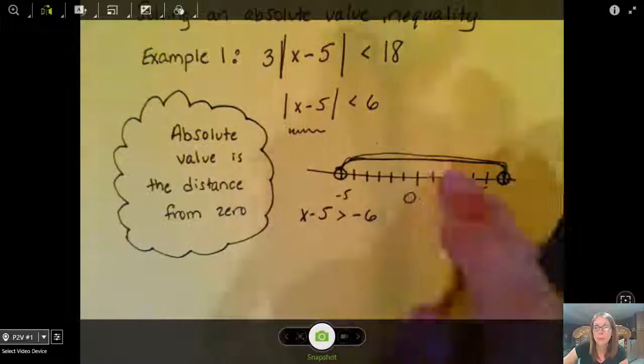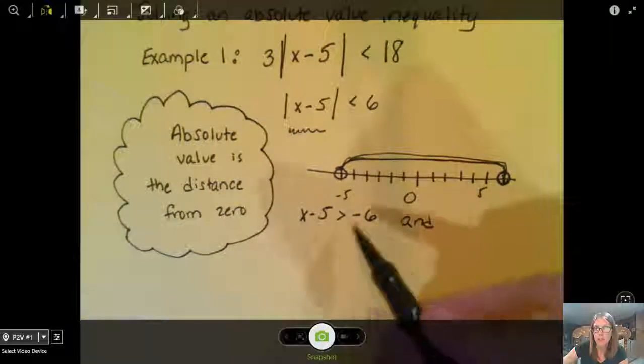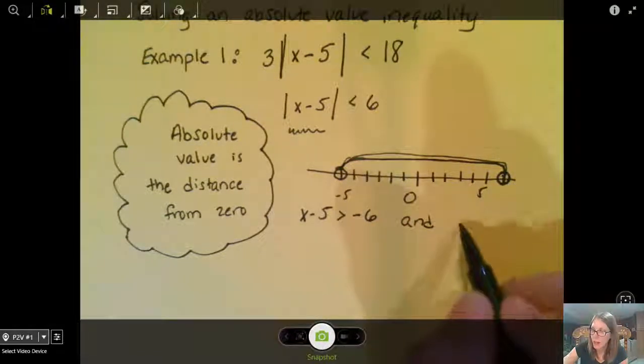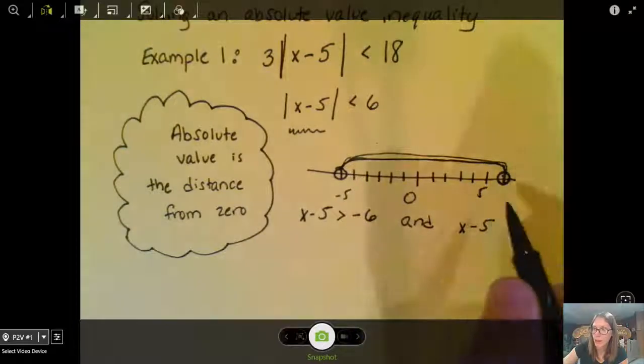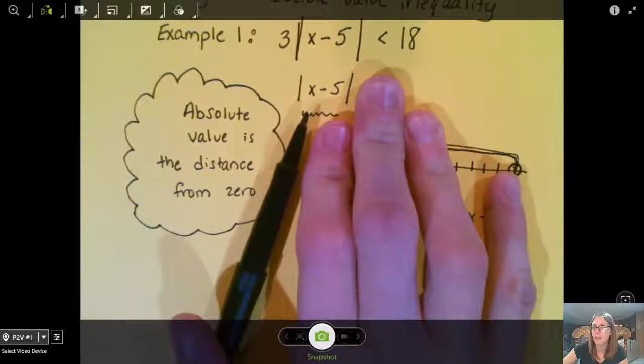And since it's between, this is an and inequality. So x minus 5 has to be greater than negative 6, and x minus 5 also has to be, if you look at the second chunk here, less than positive 6.